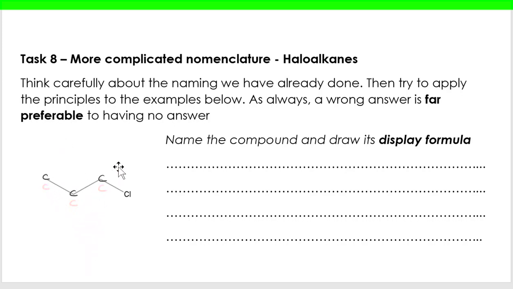So I've got 1, 2, 3 carbons in a row with a chlorine coming off. I can draw that as a display formula, and that might be the easiest way to approach naming. So that's my display formula drawn out. This carbon has 3 H's around it. This carbon, 2 H's. This carbon, 2 H's and a Cl. And we know that because every carbon will have 4 bonds coming from it.